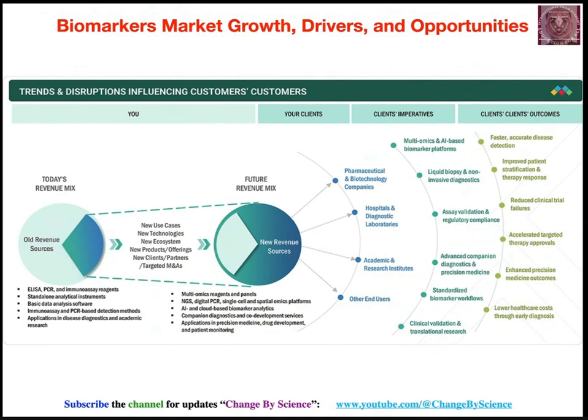Here you can see how they could impact your financial dealings or businesses when you are involved with biomarkers. So this is also the market value of biomarkers.